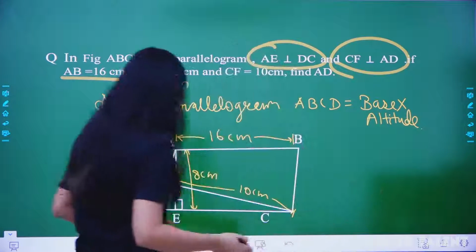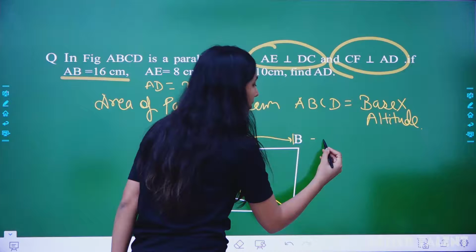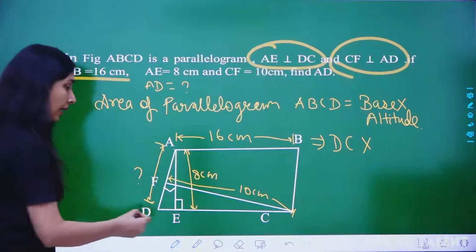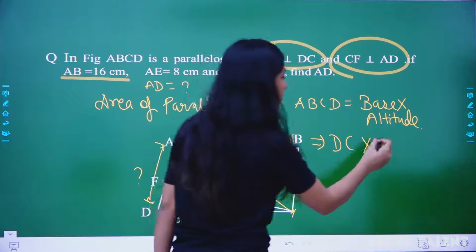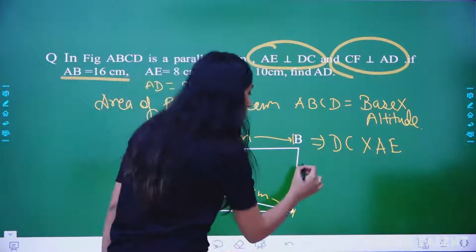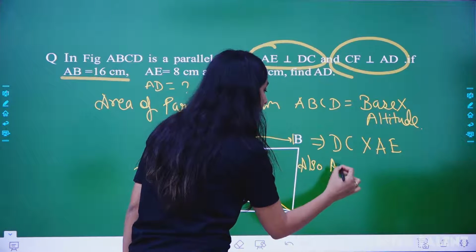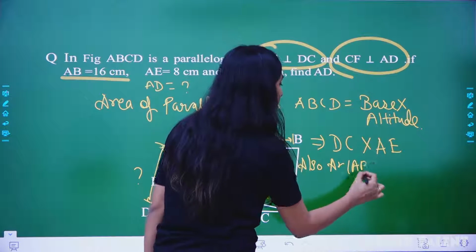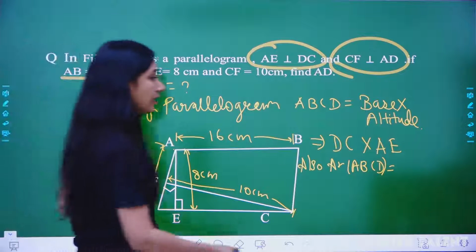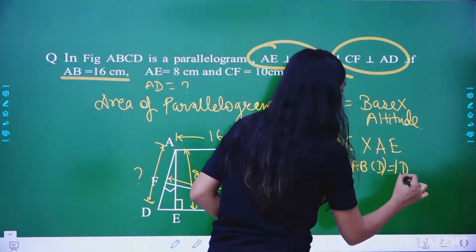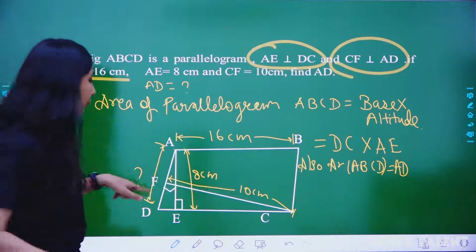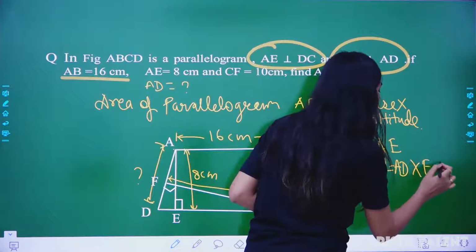Now, if we take DC as base, then the altitude will be AE. Also, area of ABCD is equal to, if I take this AD as the base, then the altitude will be FC, so AD multiplied by FC.